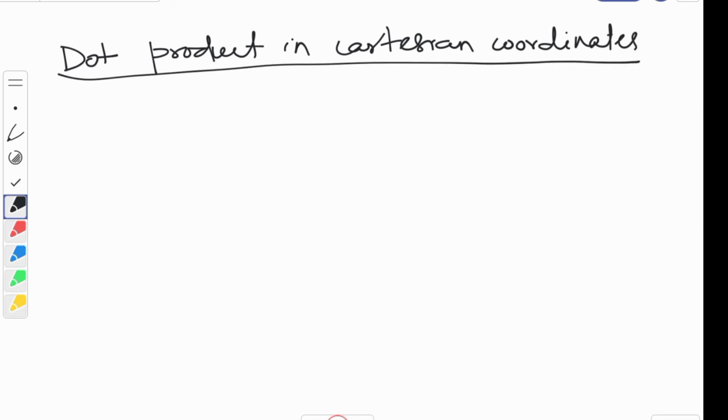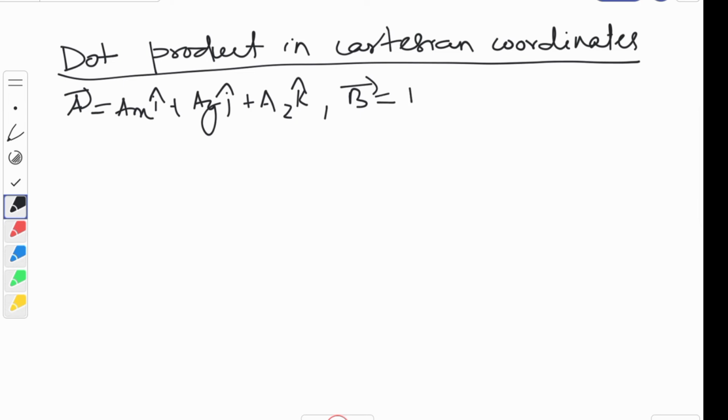This thing also we have discussed. So A is given by AX I cap, AY j cap, then AZ k cap. Then what is the B vector? B vector is BX I cap plus BY j cap plus BZ k cap.